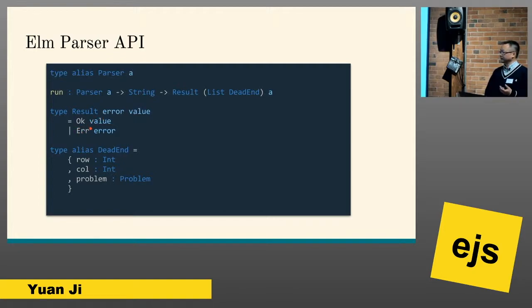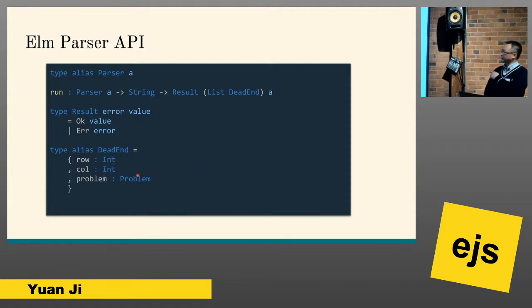Or we have Err, meaning something is wrong, with an error type, whatever type of error you define. And the error here in the Parser run function is a list of dead ends. A dead end means I tried to parse this text on the screen and I found some problem. I cannot continue. We have a list of dead ends, so we can have several issues in the text. A dead end has a row and a column, so there is a problem I have, some issue.